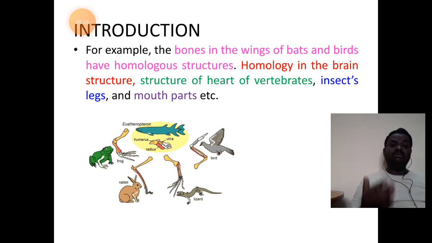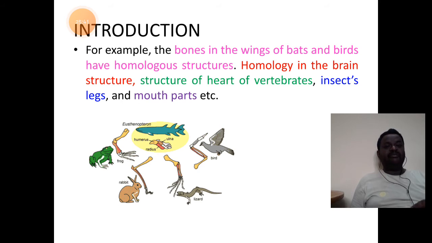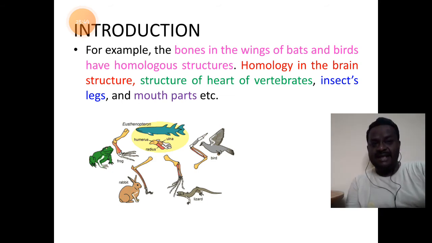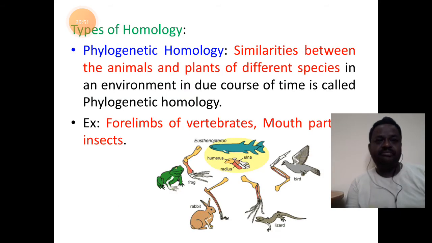All these are examples of homologous organs. Similarly, the legs and mouth parts of insects are the best examples for the process of homologous organs, and it also includes the examples of the brain.